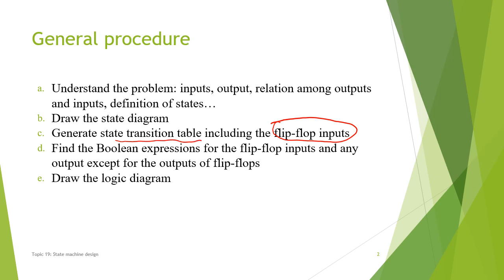If you remember, the present state will be the input. Then once we have the state transition table, we can find the Boolean expression for the flip-flop inputs. And if there are any asynchronous outputs, then we can also find Boolean expressions for them here. Finally, just draw the logic diagram, including the flip-flops and the combinational logic.